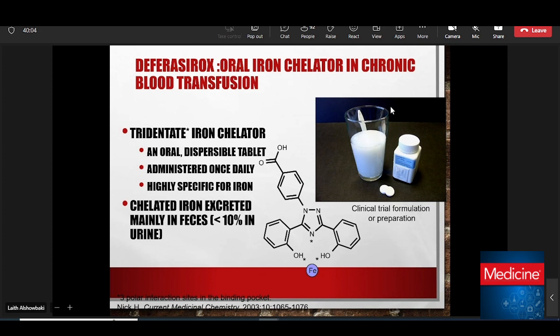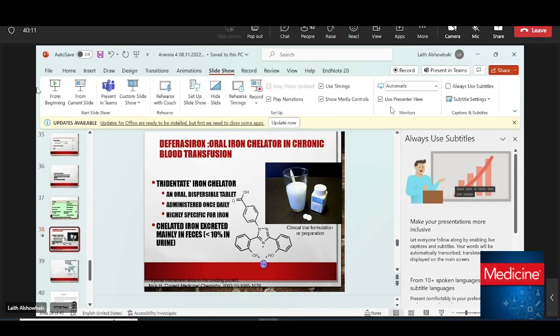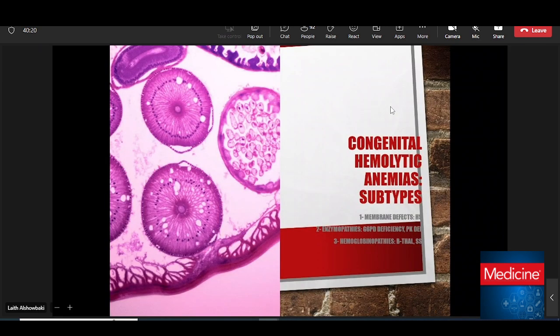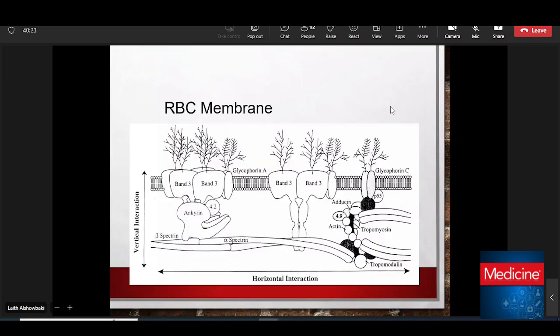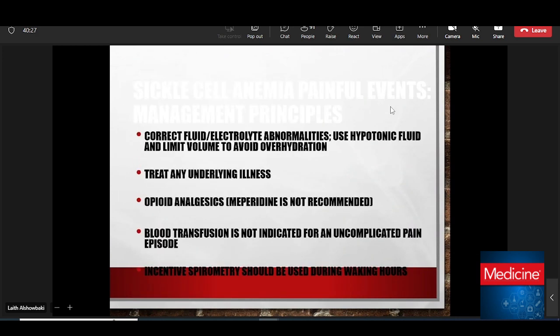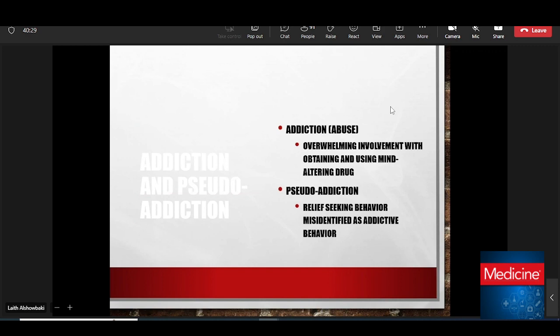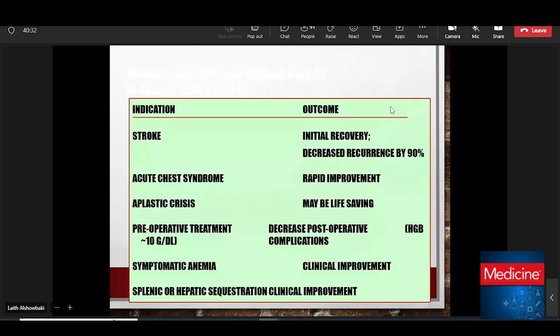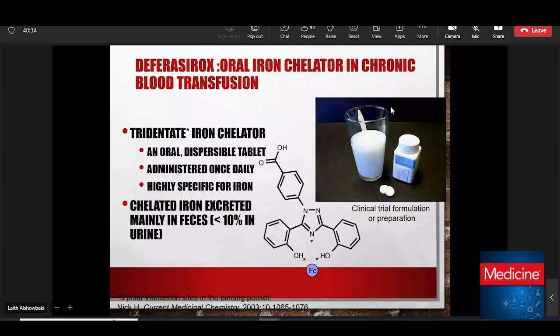I just want to mention that patients who get blood transfusion on a regular basis are at higher risk of iron overload, and those patients can suffer from a wide variety of problems as a result of iron deposition in their tissue, and that's why we sometimes use iron chelating agents.